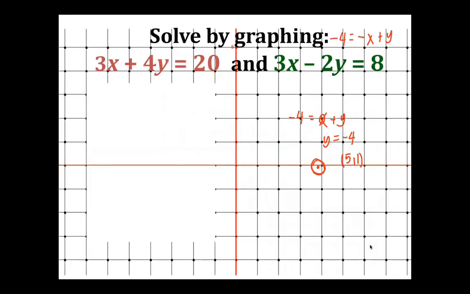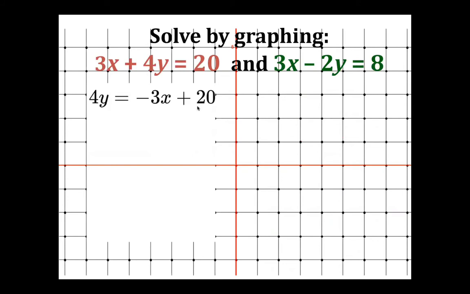Let's look at this next example. We're going to solve this by graphing. We have 3x plus 4y equals 20, and 3x minus 2y equals 8. Now, I'm actually going to solve this first one and rewrite it in slope-intercept form.